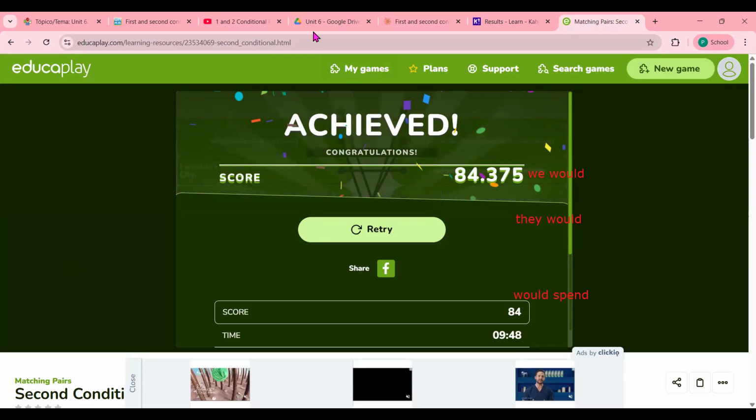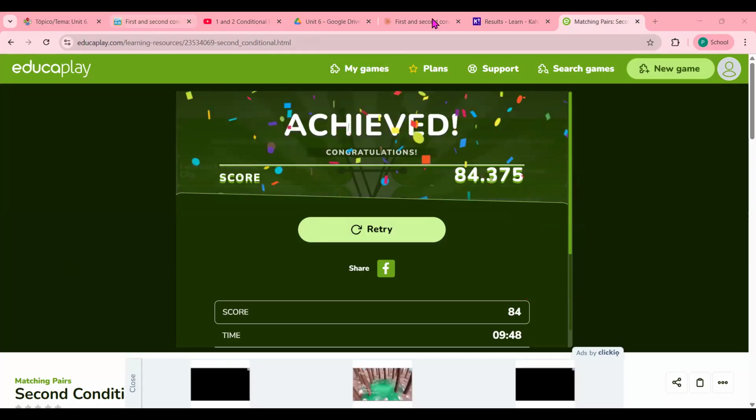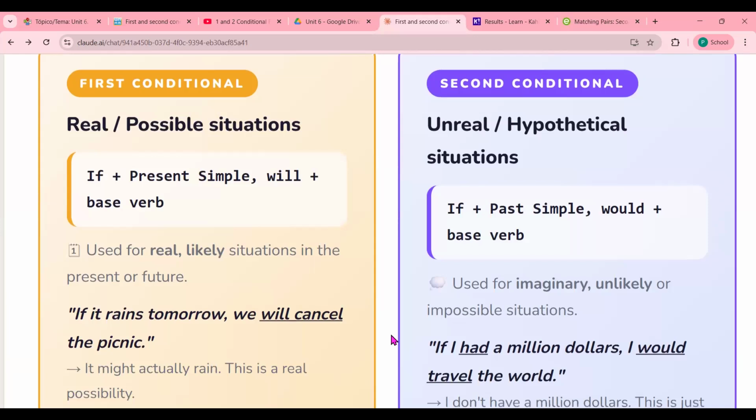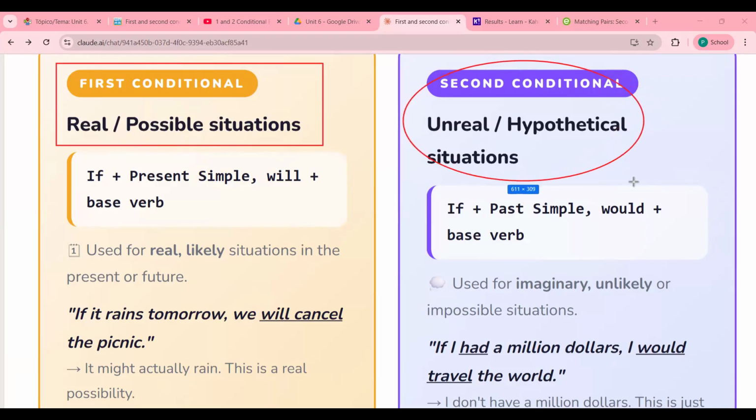Let's refresh this. The first and the second conditional. The first conditional, real, possible situations. The second, unreal or hypothetical situations.